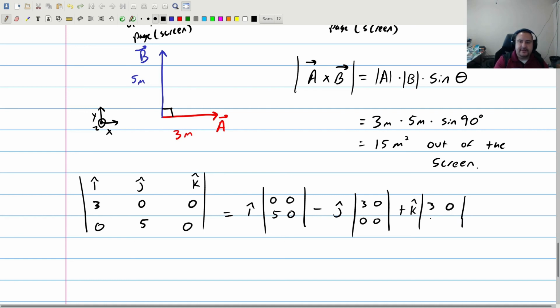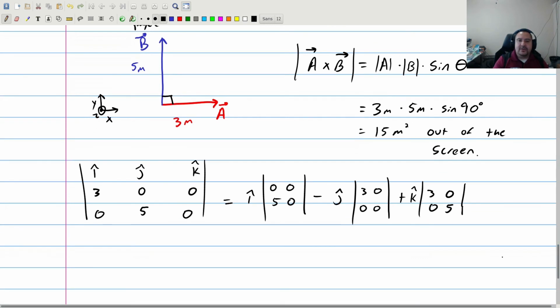You can see we're going to end up with, multiply that, that's 0, multiply that, that's 0, so 0 I hat. Here again, that's 0, that's 0, so minus 0 J hat, plus 5 times 3 is 15, minus 0 is 15 K hat.